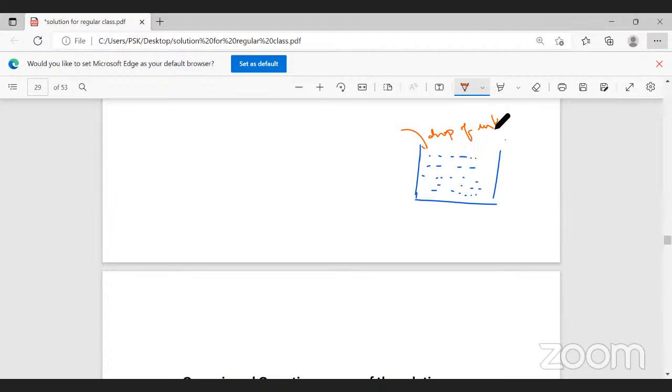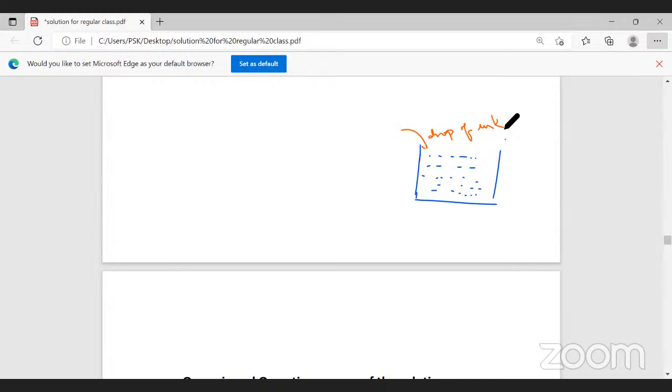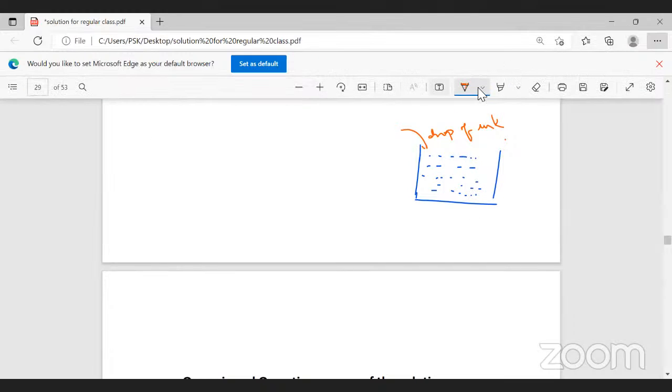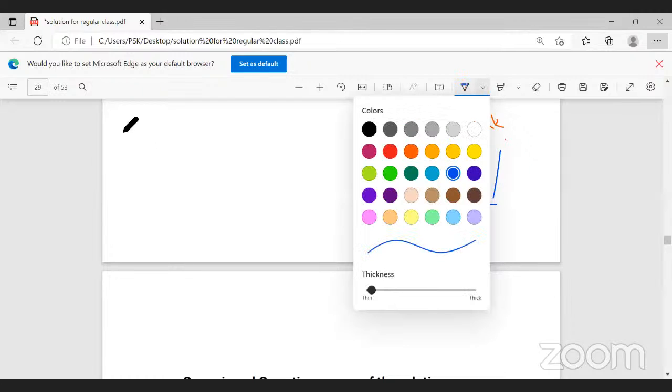What will happen? The ink will spread all over the water. Very good. Now we have to understand a term called diffusion.